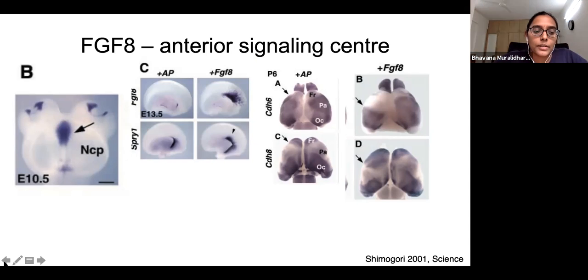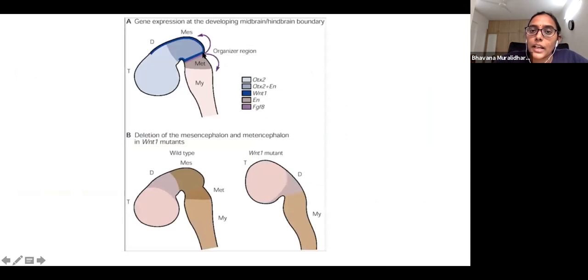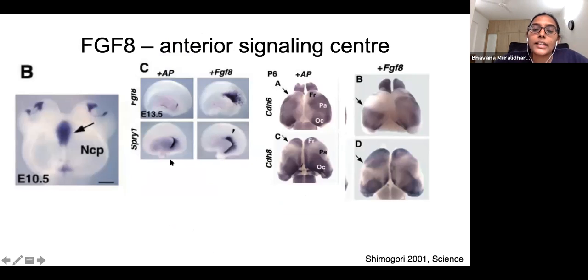Like one example I gave you was this midbrain hindbrain organizer, which is important to pattern both the midbrain and the hindbrain, and the deletion of which resulted in the deletion of the midbrain and hindbrain. So which means that this is a restrictive organizer, that it's only able to pattern the region around it. So similarly, there exists a signaling center at the very anterior end of the forebrain.